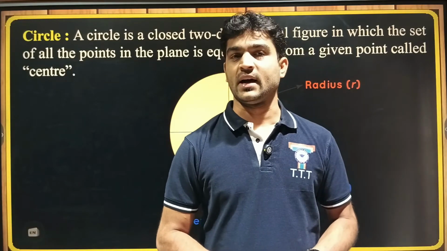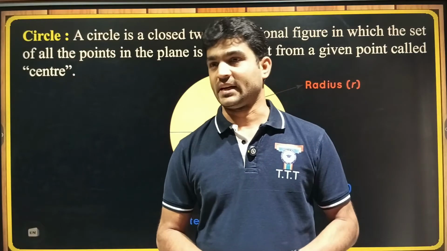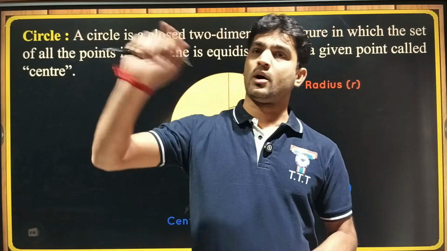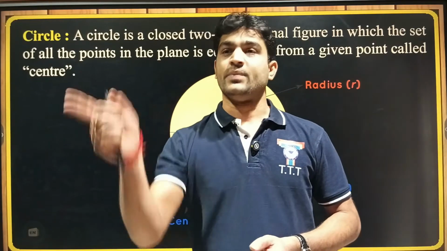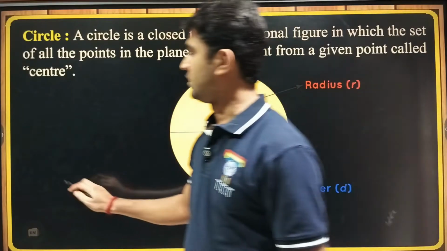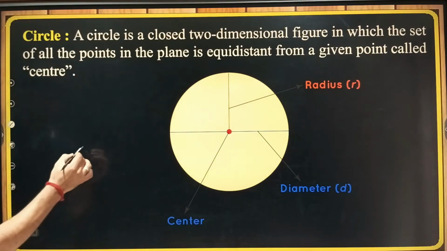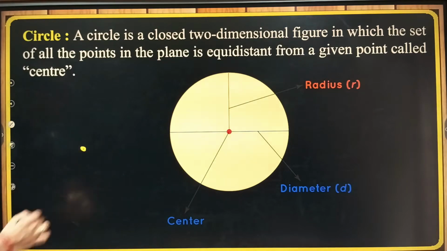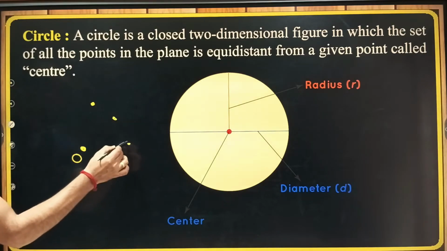Suppose by considering the number of points which have a common center distance, then if you close them, you can get a circle. So just observe here: let me consider there is a point, let me call this a center point O, and here is another point, and here is a point, here is a point.